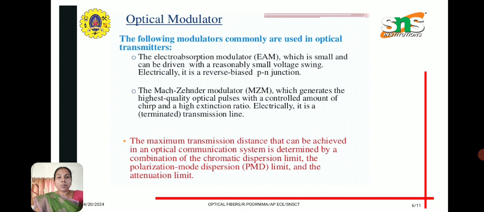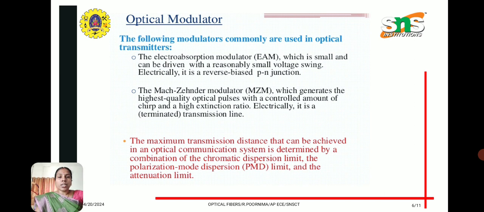Next is the optical modulator. The following modulators are commonly used in optical transmitters. The electro-absorption modulator is small and can be driven with a reasonably small voltage swing. It is a reverse biased PN junction. Next is the Mach-Zehnder modulator, which generates the highest quality optical pulses with a controlled amount of chirp and high extinction ratio.